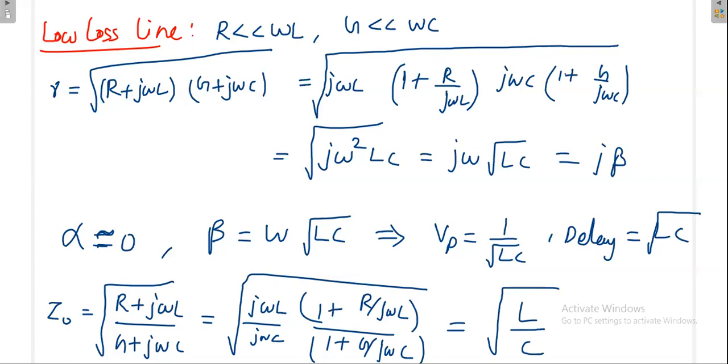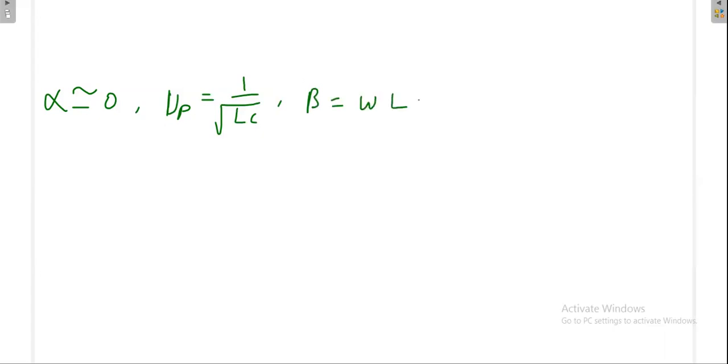So what is the final idea? When alpha is approximately 0 here, phase velocity is equal to 1 by square root of LC. Beta is equal to omega into square root of LC.